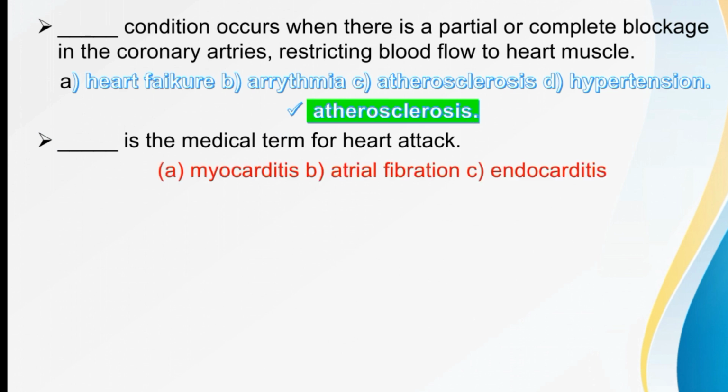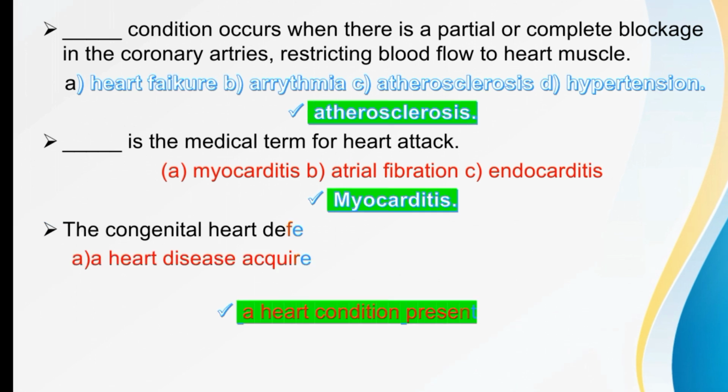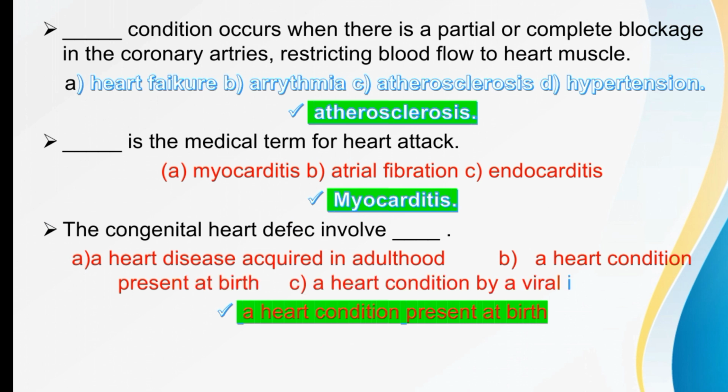Myocarditis, atrial fibrillation, or endocarditis. So the right option is myocarditis. Congenital heart defects involve dash: a heart disease acquired in adulthood, a heart condition present at birth, or a heart condition caused by a viral infection. So the right option is a heart condition present at birth.